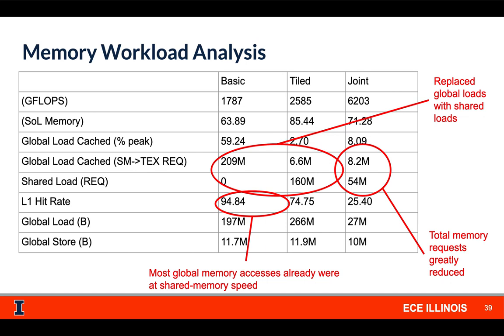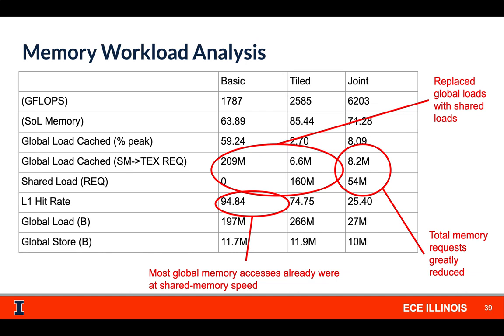And so the final thing that I want to say is you can also see the reduced memory traffic in the joint. So this is the final two rows in the joint matrix multiplication.